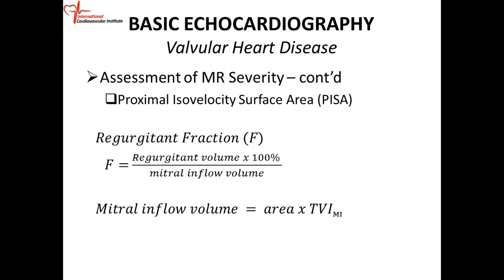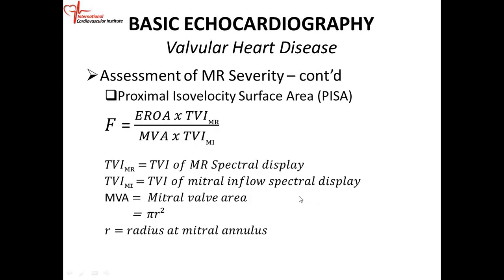Diameter divided by 2 is the radius. So you just plug that in the equation and you get the area. Then the TVI is the mitral inflow envelope. You just trace the mitral inflow envelope and you get the TVI. You multiply by that and that gives you the forward flow.